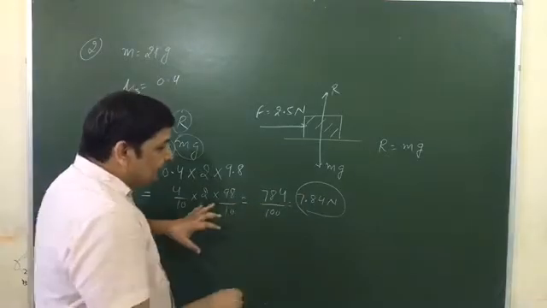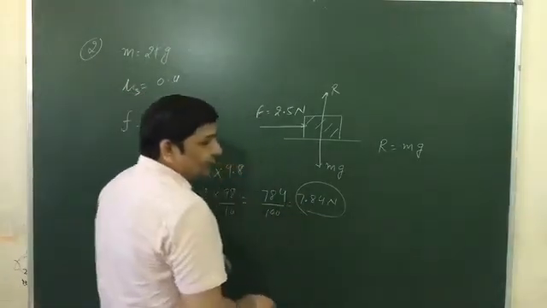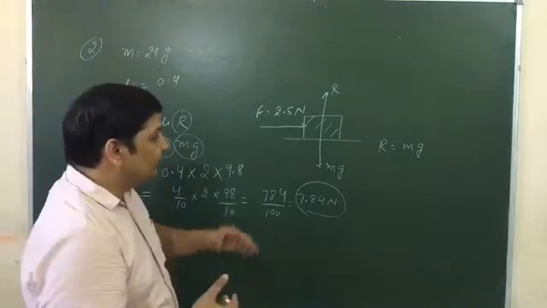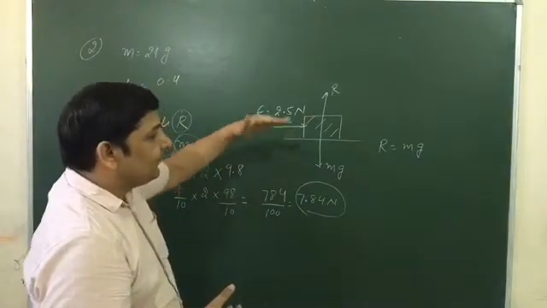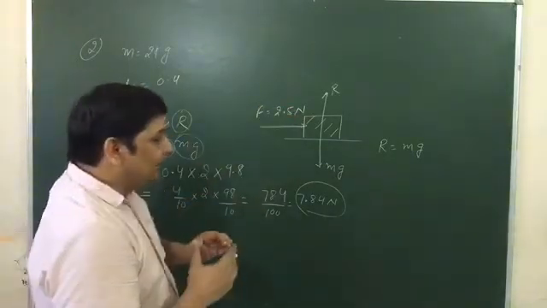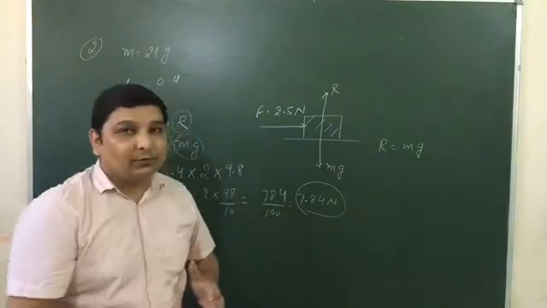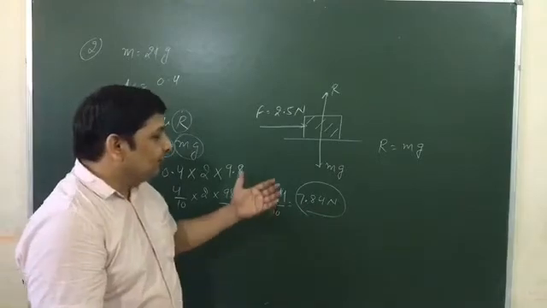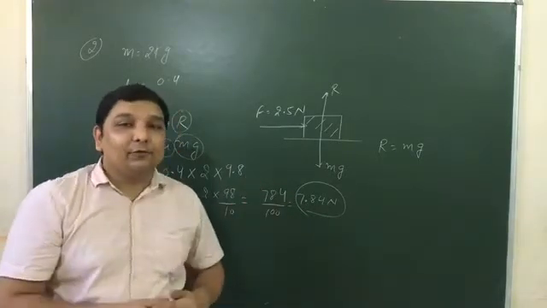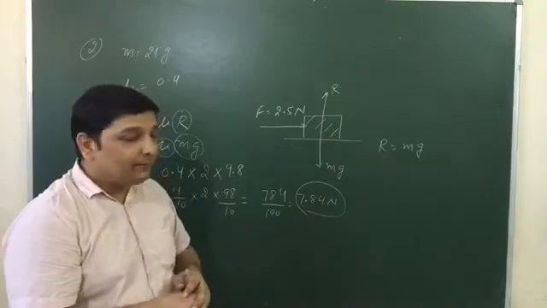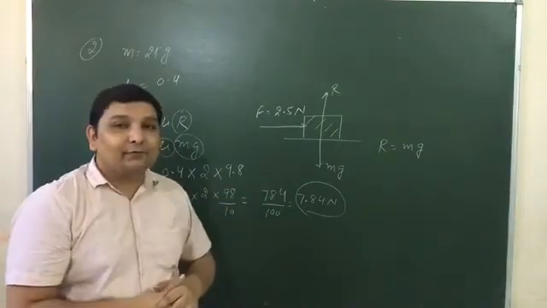But 7.84 Newton is the limiting frictional force between surface and block. It means the minimum force required to move the block on the surface will be equal to 7.84 Newton. But in this case, applied force is 2.5 Newton, less than 7.84 Newton.